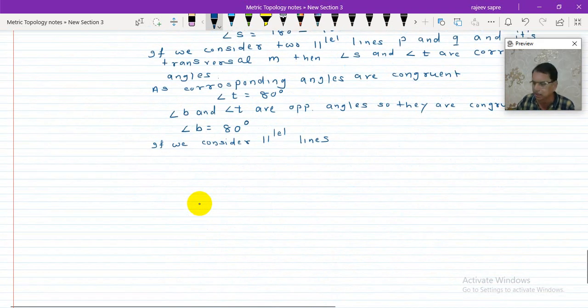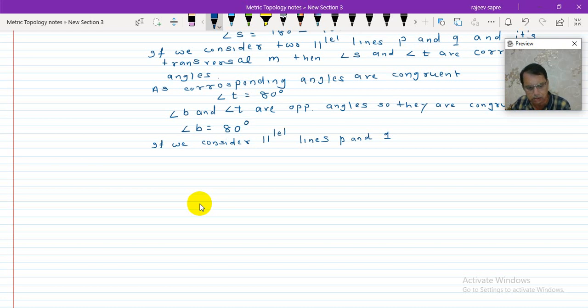If we consider parallel lines, which parallel lines? P and Q, and M as its transversal.